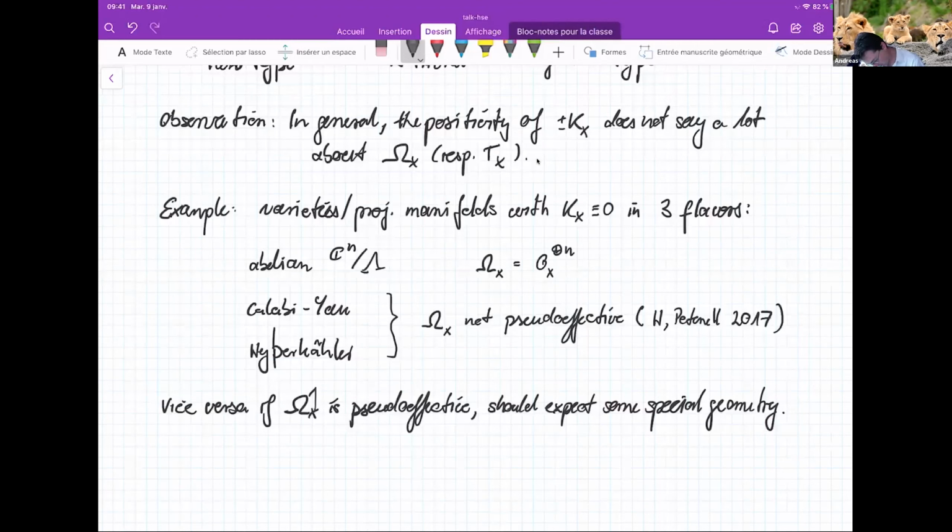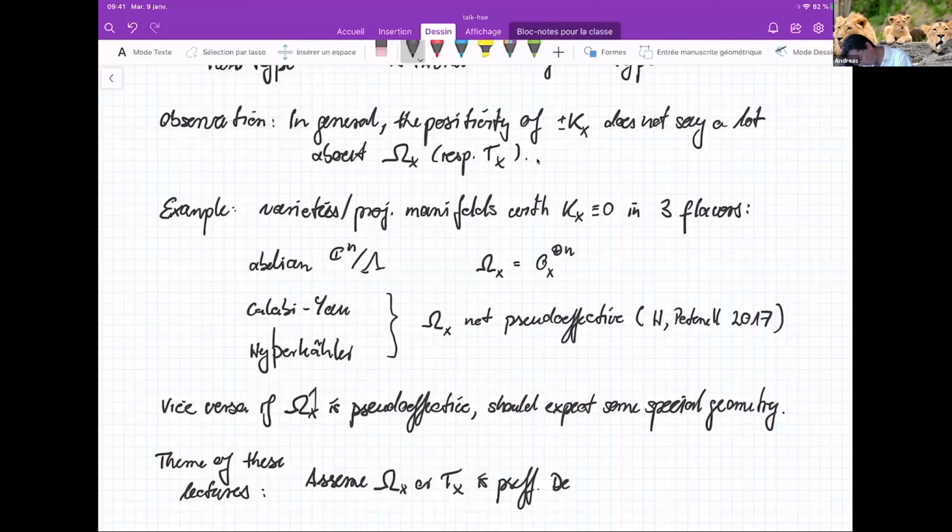Assume omega X or T_X is pseudo-effective, then deduce surprising geometric features. Okay.